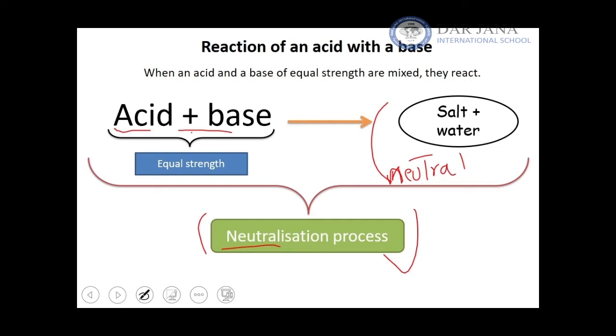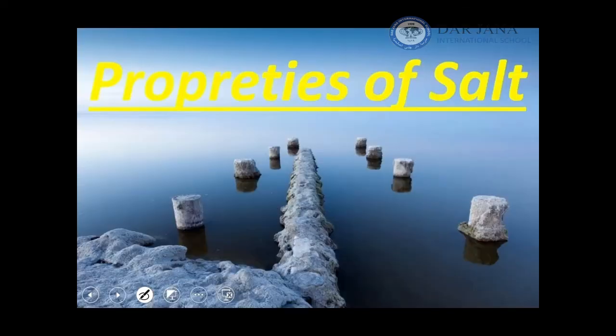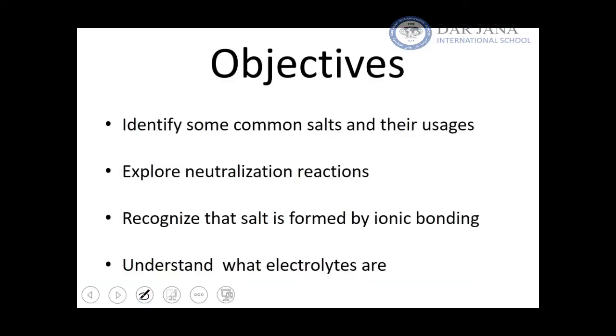Okay, now as I said, the result of a neutralization reaction is salt and water. So let's check the properties of salts. We're gonna identify some common salts and their usage. Of course, not all salts are sodium chloride.